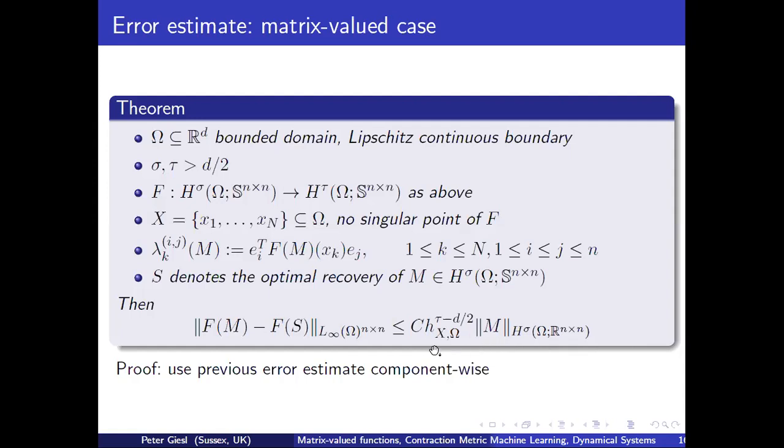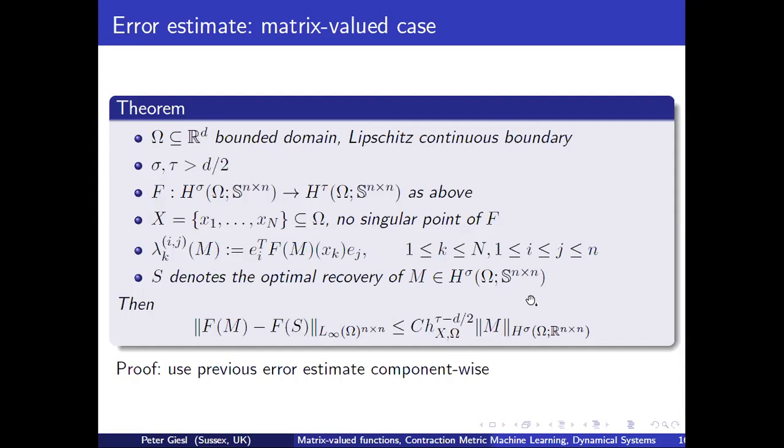And basically it's just the previous error estimate, but used component-wise. So just to recap, this error here is small if, first of all, we need to ensure that our solution here, that's m, is smooth enough. And then if the fill distance here is small, then we have a bound going to 0.